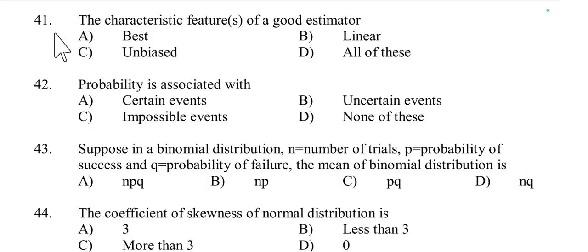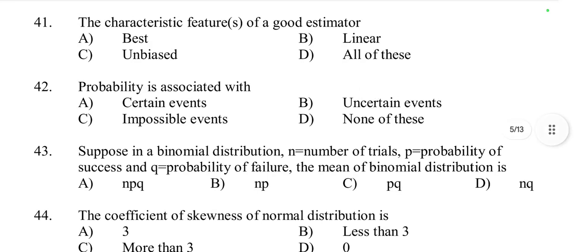Today's first question is question number 41. The characteristic features of a good estimator: biased, linear, unbiased, all of these. So here the characteristics of a good estimator are all of these.